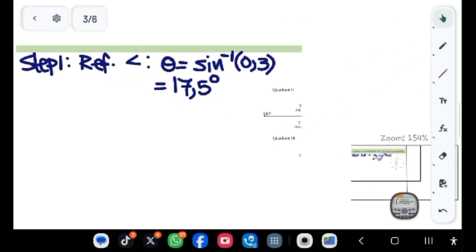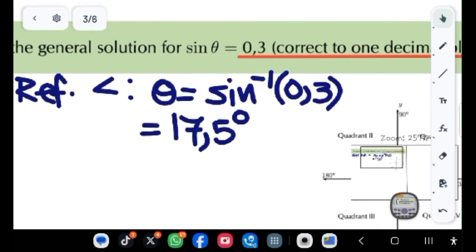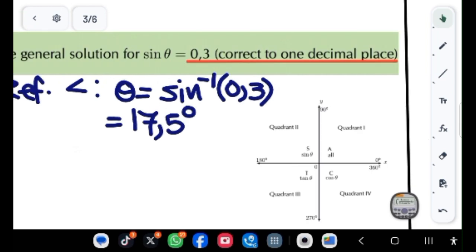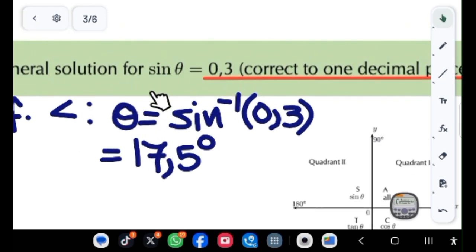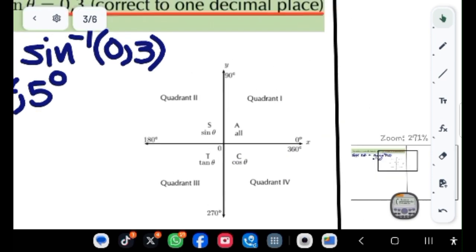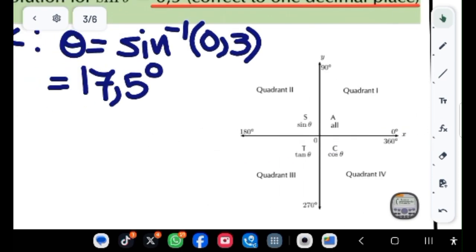Now that we found our reference angle, you will see exactly how the reference angle works. Now we find where sine is positive in the CAST diagram, because the original equation has sine positive on the right hand side. Sine is positive in the first quadrant and the second quadrant.